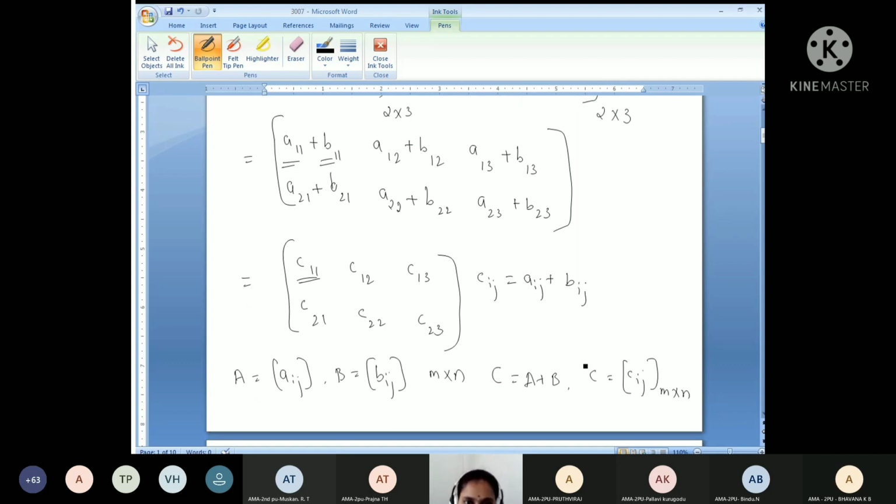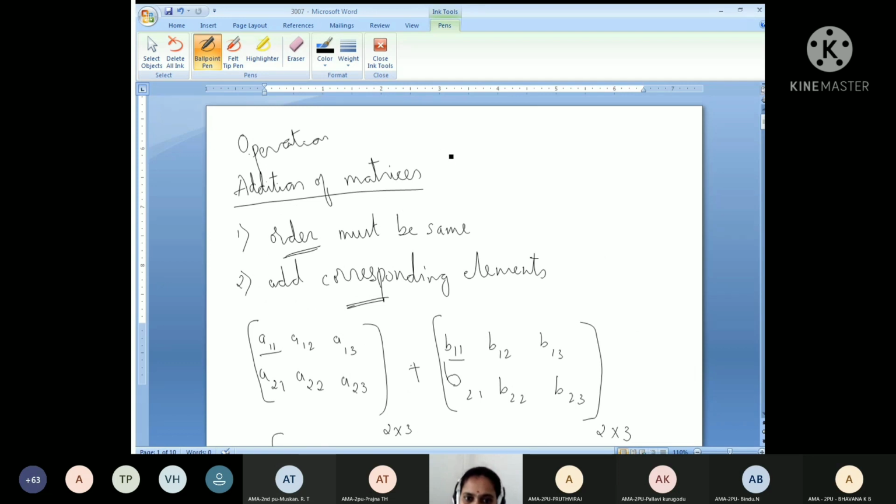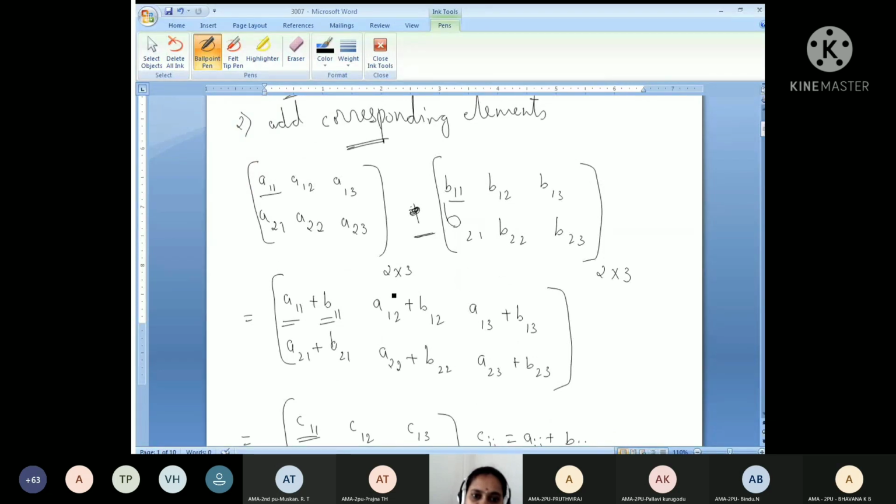Okay. So in a similar manner, if you want subtraction, then how will it be? Instead of plus, you have to take minus. Then here also order must be the same. Whether it is addition or subtraction, order must be the same.